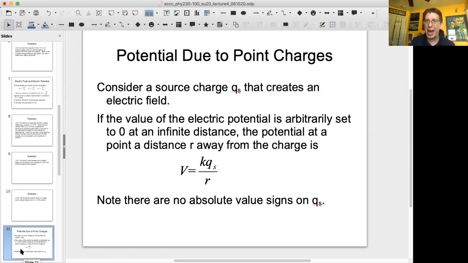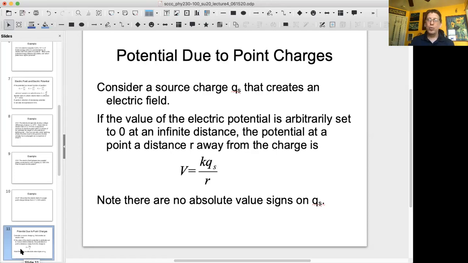And much like with gravity, and for the same reasons, ultimately you're talking about an inverse square relationship with the force. And in physics 130, when we talked about gravitational potential energy, we talked about the most convenient place to define the potential energy to be 0.